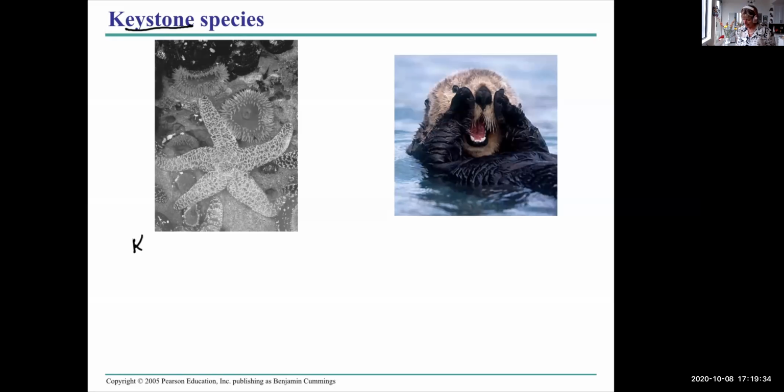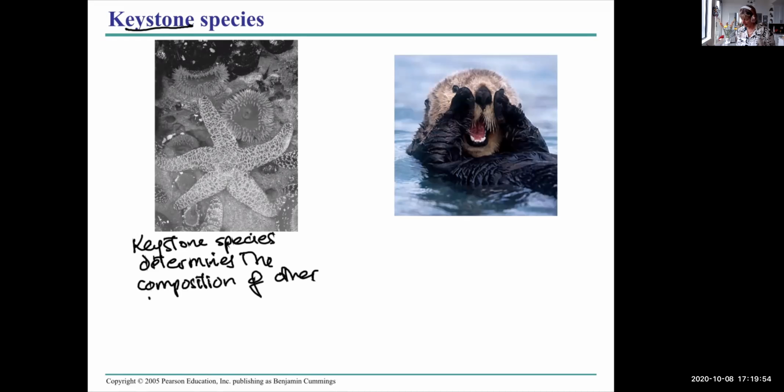A keystone species determines the composition of other species in the neighborhood, of other species in the community. And we'll look at sea stars a little bit later, and we'll also look at otters.